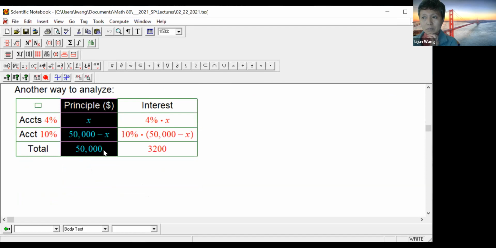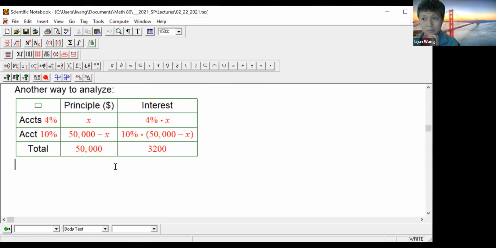This column has the meaning of principal. So X is a principal, 50,000 minus X is principal, 50,000 is principal. So all three quantities, they are the same category. Interest, and it certainly has a dollar sign attached to it. So this quantity is interest. This quantity is also interest. And 3,200 is also interest.